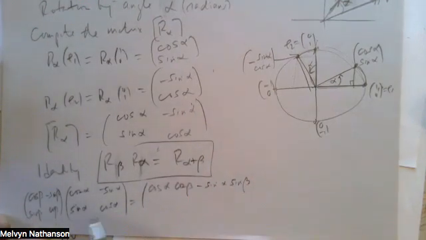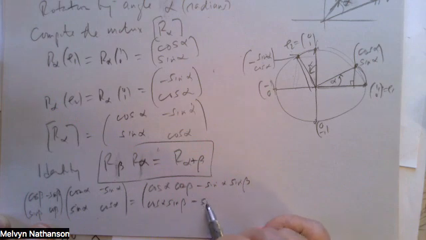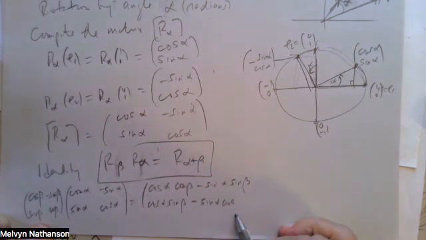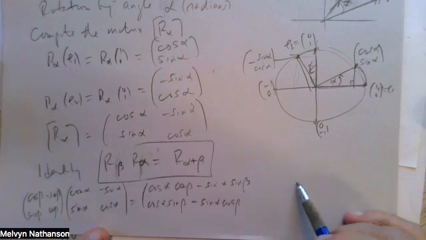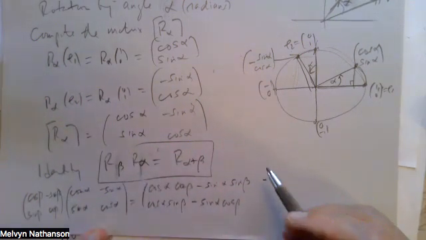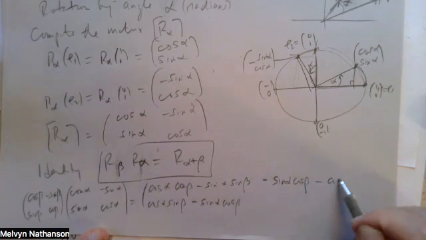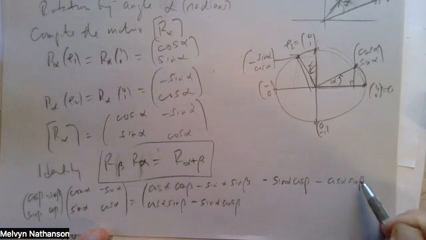And this coordinate in the second row, first column, is cosine alpha sine beta minus sine alpha cosine beta. In the first row, second column, you get minus sine alpha cosine beta minus cosine alpha sine beta.